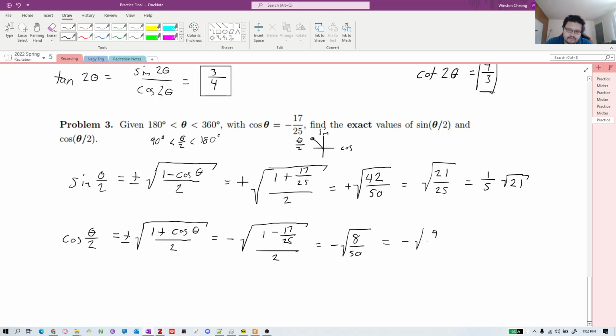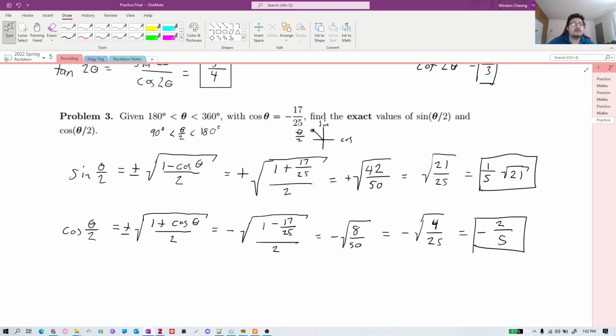So this becomes 4 over 25. And then both of these are square, so we can actually pull both of them out. We can just simply take the square root. Okay, let's see that that matches. It does. So let's go ahead and box these two. Okay. Great. So those are the exact values. Number 4.